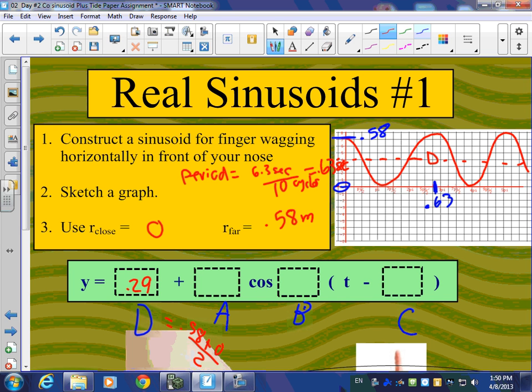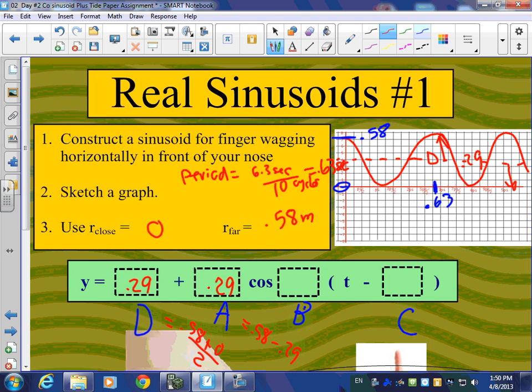Right? So if the middle here is 0.29, how far is it from 0.58 to 0.29? How far is the amplitude going to be? 0.58 minus 0.29 is just going to be what? 0.29. That's just because we're bottoming out at 0.